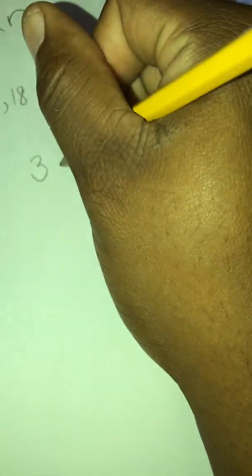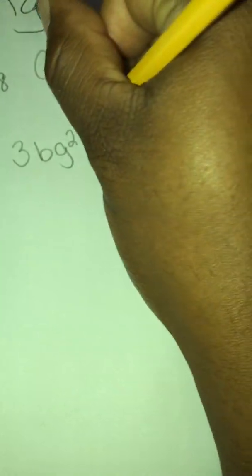Let's say you have 3 b g to the second power r, plus 9 b to the second power r y to the third power. Okay, so that's the problem we are looking at.